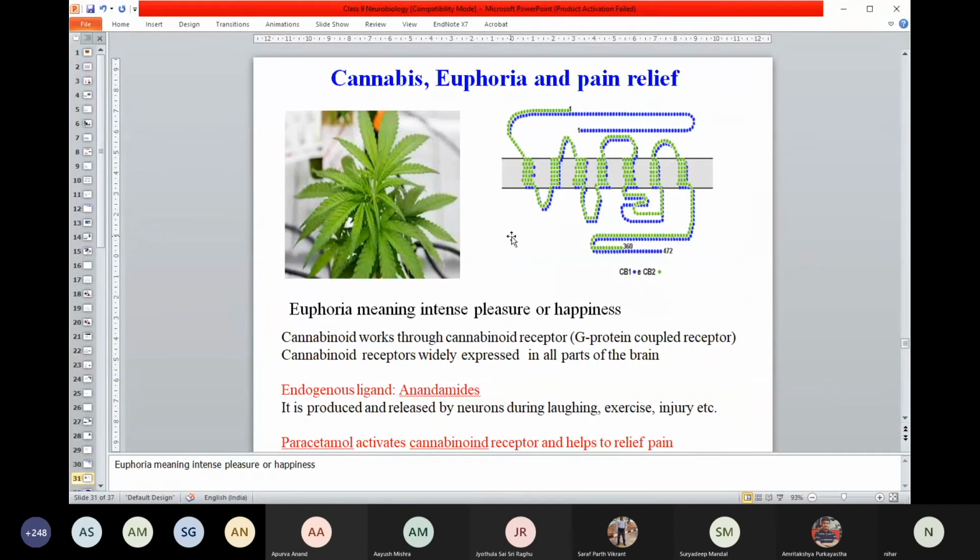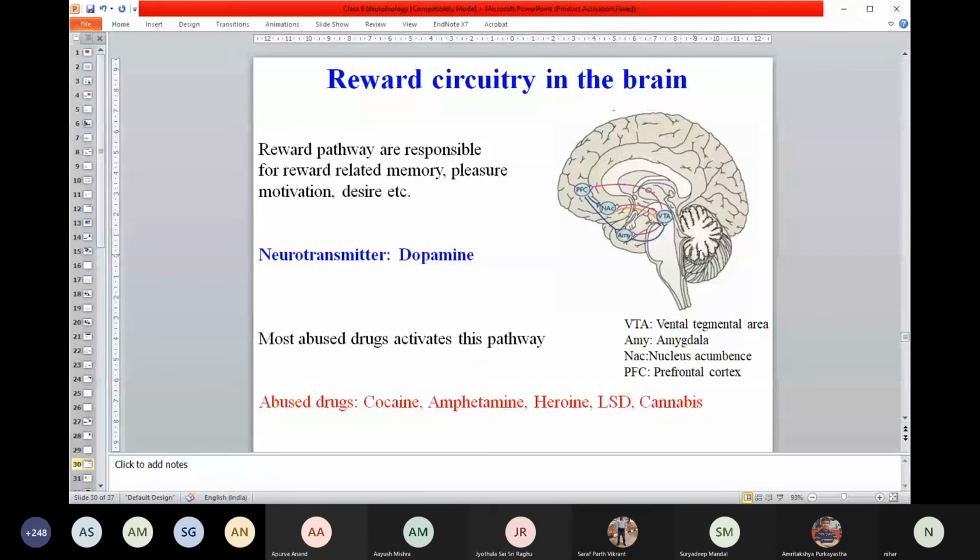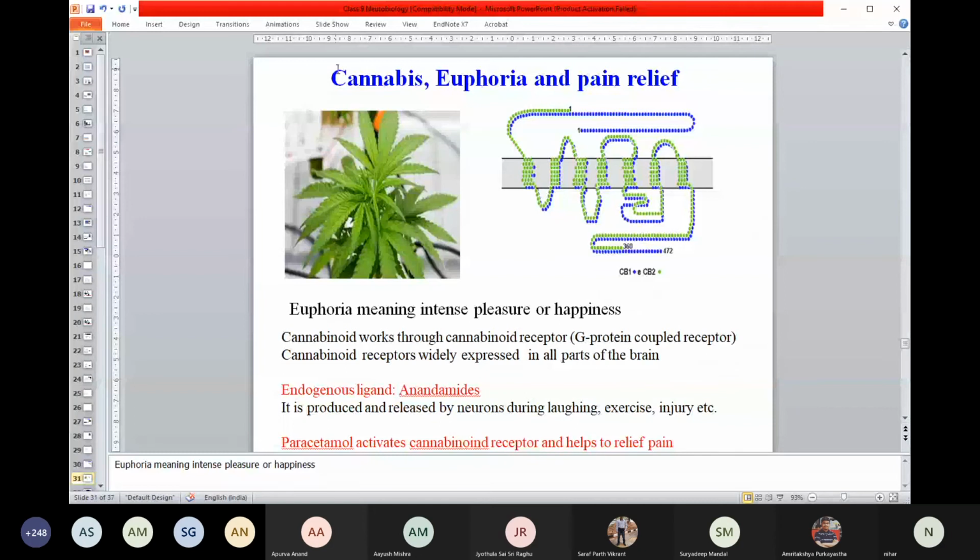When somebody takes cannabis, it binds to the cannabinoid receptor present in these regions and thereby activates this circuitry. At the end, dopamine is released in this circuitry, which ultimately plays the role. So that's how the reward circuitry is activated by cannabis.